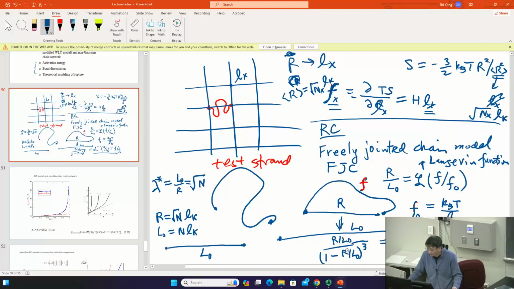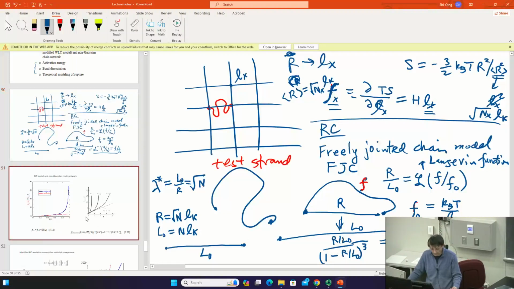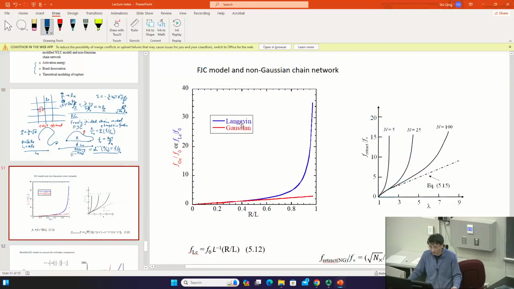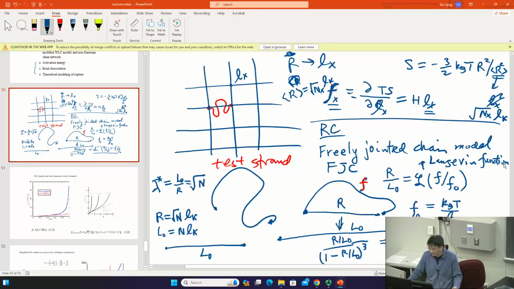So it turns out if I plot this function, I can get f very trivially, which is next plot. The blue is that expression. The red is the Gaussian.